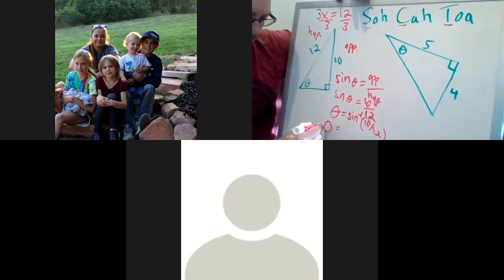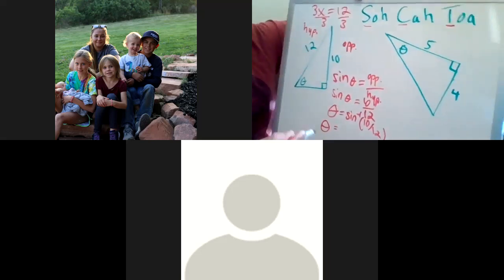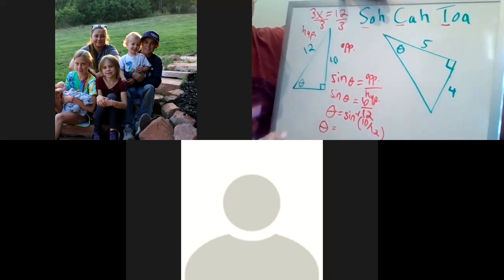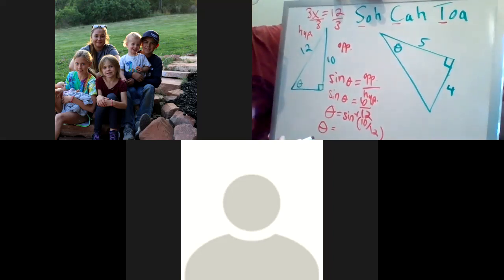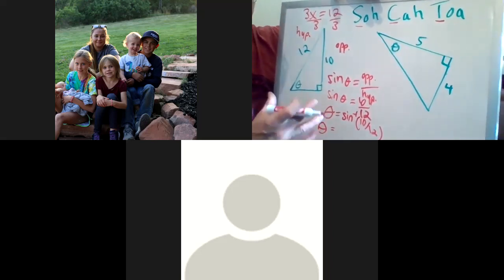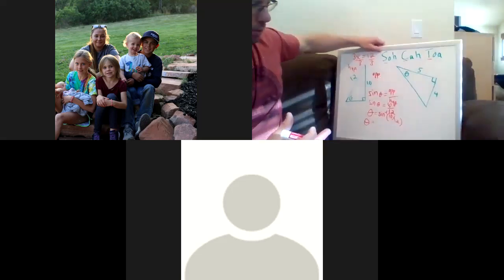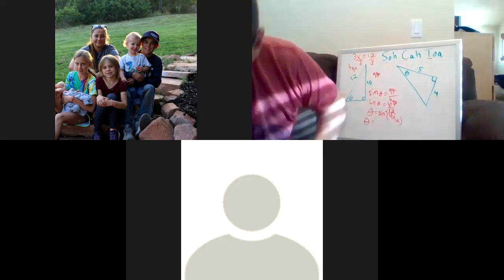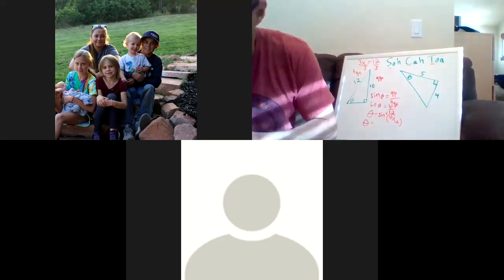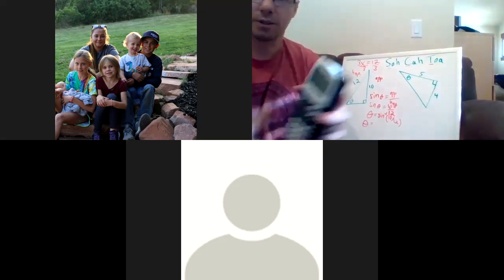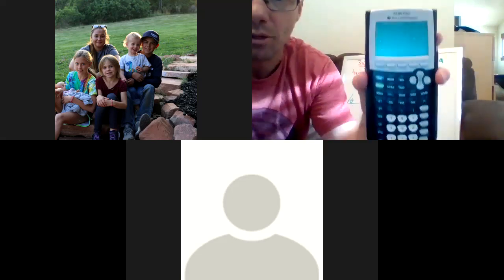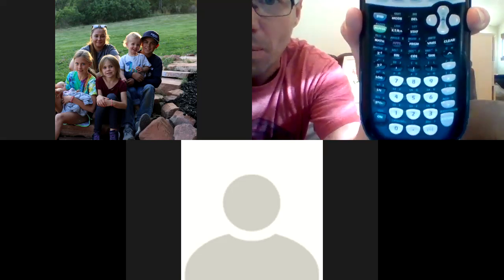And on almost every calculator I've ever seen, inverse sine or inverse cosine or inverse tangent, all of those are located above sine, cosine, and tangent. So usually in most calculators, you just have to hit second or shift. So looking at my calculator here, I'm not sure how much that helps.